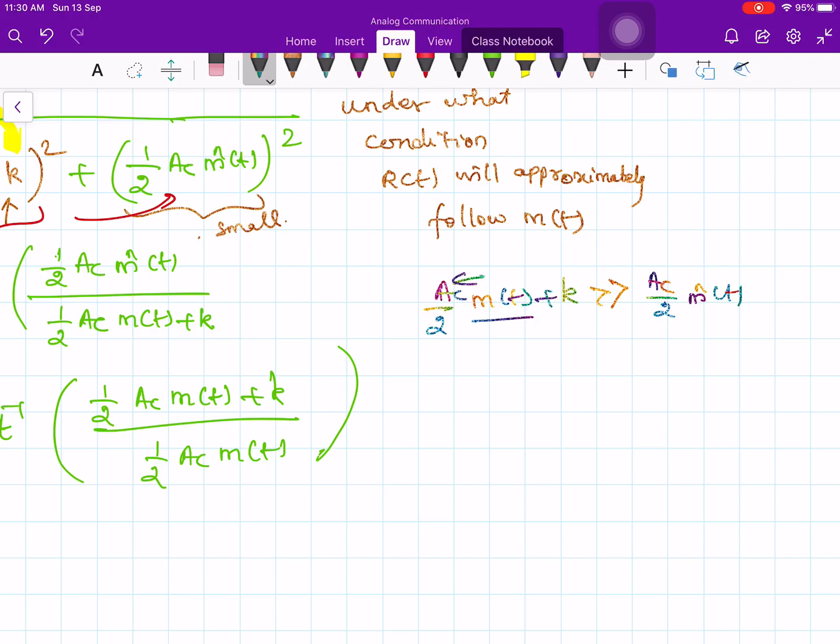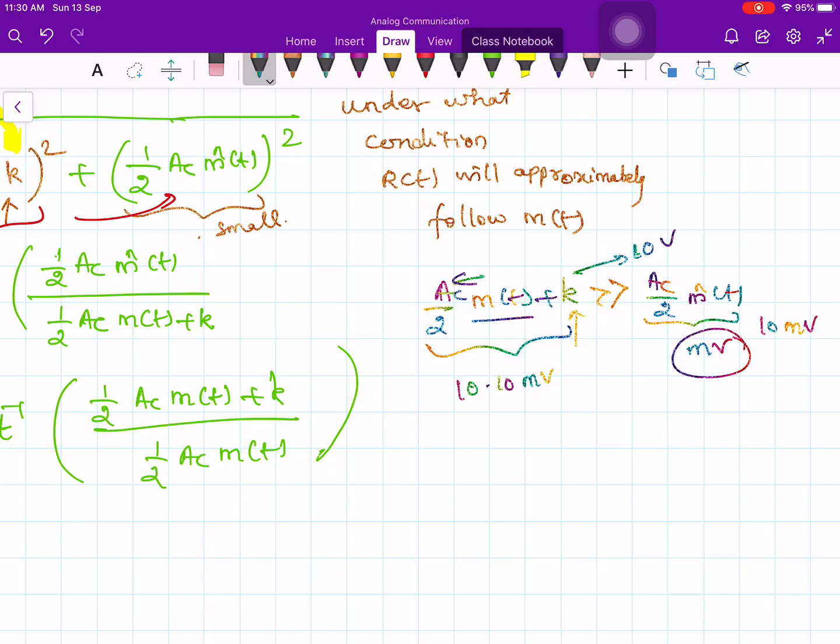So you put some large number, probably in terms of millivolts, and you give some tens of volts, let's say 10 volts. Therefore this quantity will be much lesser than AC/2 m cap(t).